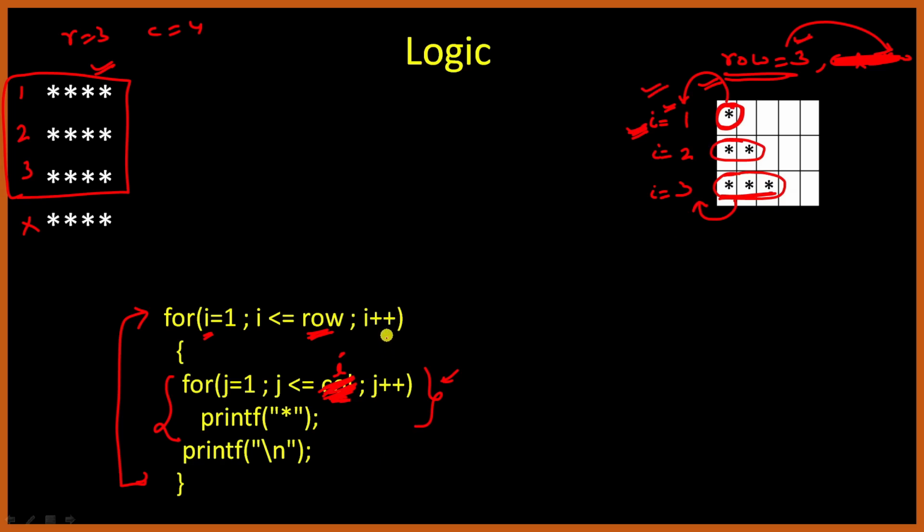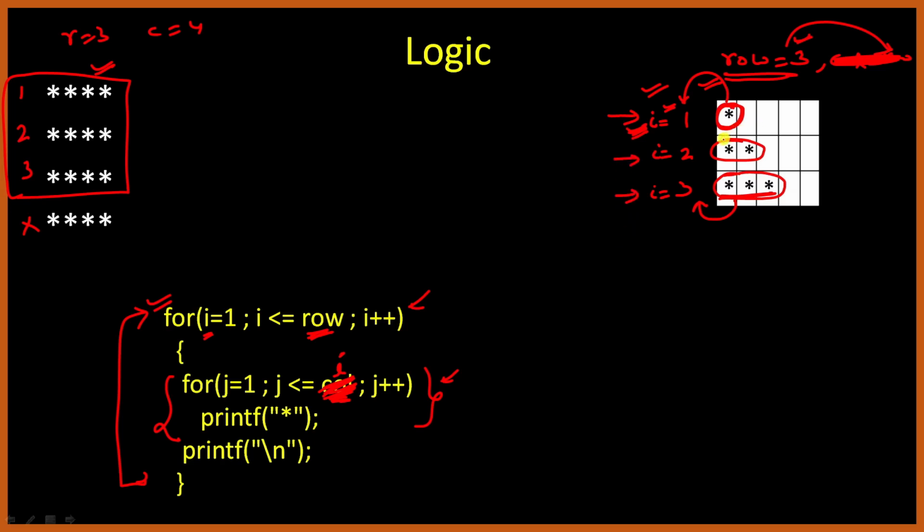So let's see in more detail. Basically, this outer loop will not change. Why? This is just saying that I have to run row number of times. See how many rows I have to iterate through. 3 rows are there, and I have to go through 3 rows: I equal to 1, I equal to 2, I equal to 3.